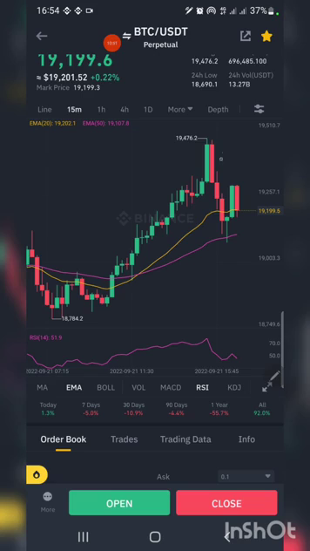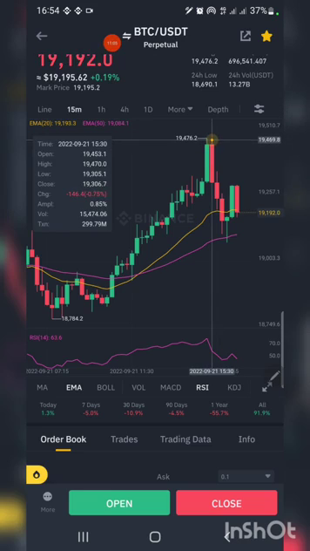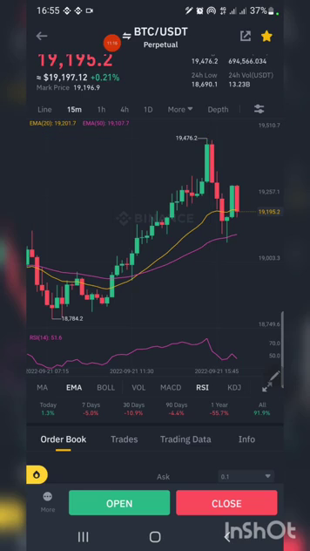A resistance level is a level at which the price of an asset gets to and stops rising. At that resistance level, we could see more selling orders than buying orders. We could see more shorters taking position in the markets than longers. So I don't know if I'm making sense here.